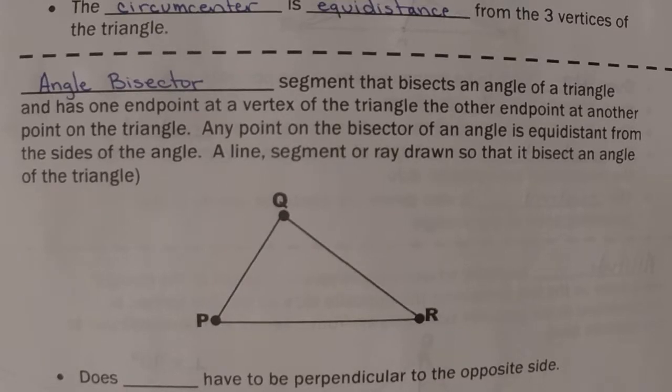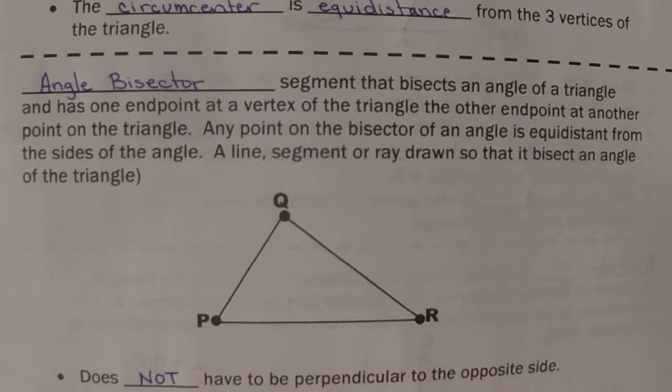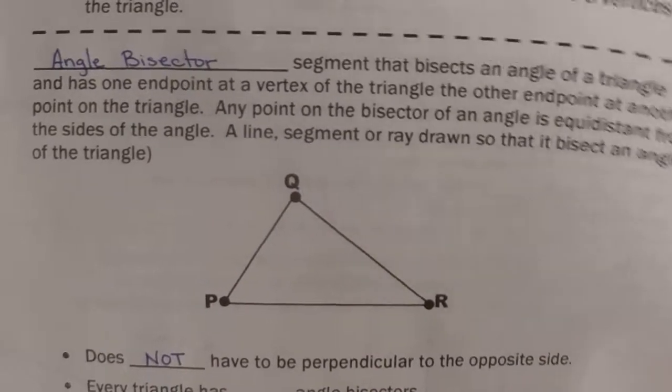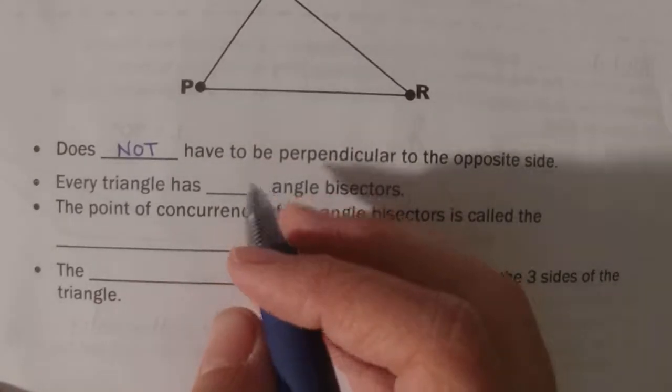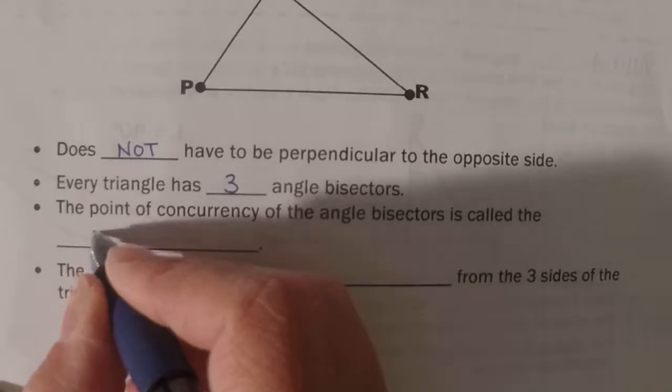So again, when we're talking about an angle bisector, these do not have to be perpendicular. But we will still have 3 angle bisectors. And this time the point of concurrency is called the incenter.